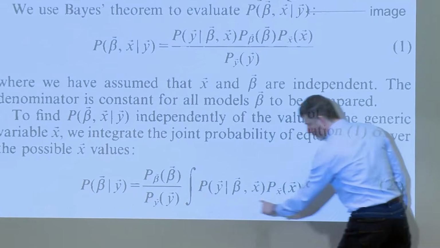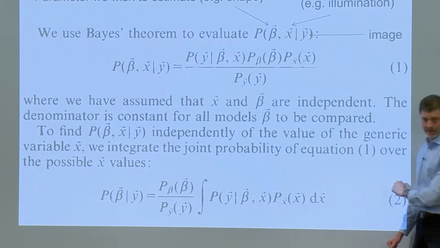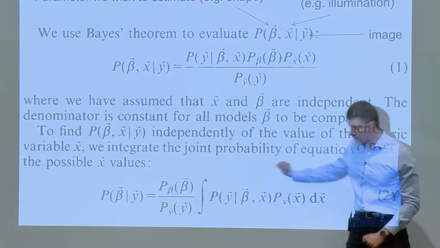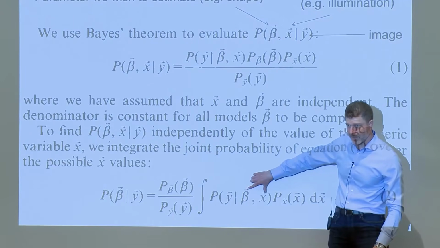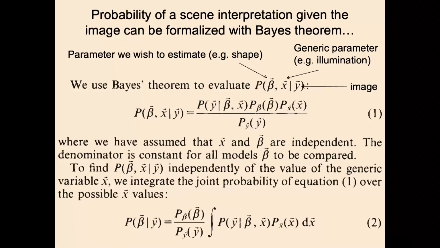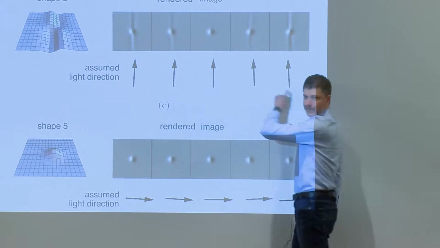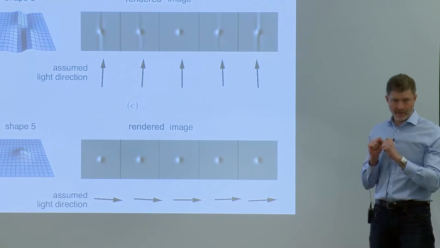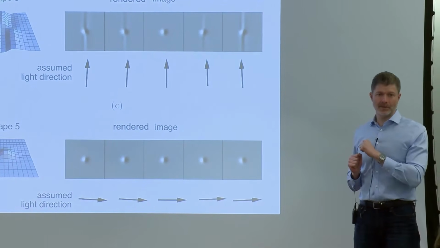We've got to integrate the likelihood over illumination. Each value of the likelihood compares the observed image to the image predicted by particular values of illumination and shape. That predicted image is what is shown up here. These images are the output of a computer graphics program that takes shape and illumination and generates an image.